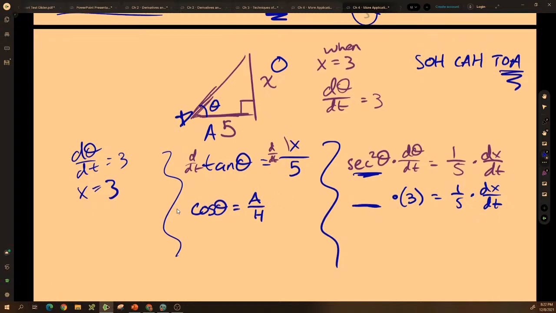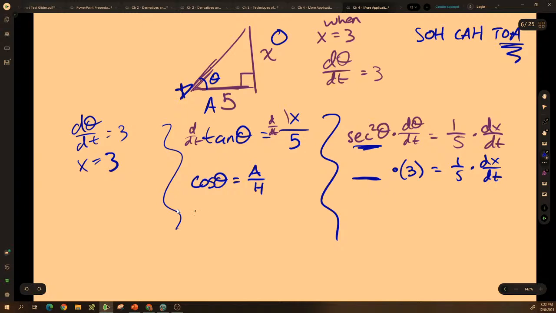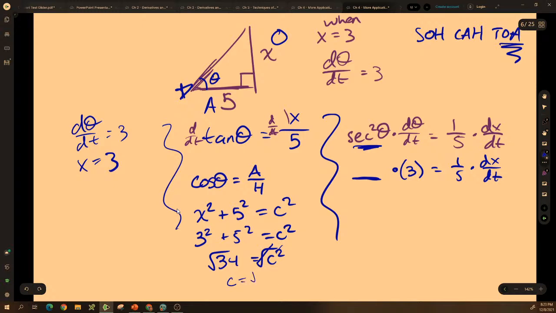So to get that hypotenuse, I'm going to do a squared plus b squared equals c squared. Now, x squared is 3 squared, so I can plug that in. That's 9 plus 25, which is 34. And then radical each side. So c is equal to the square root of 34, which would make cosine 5 over radical 34.